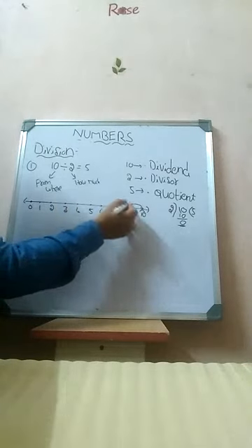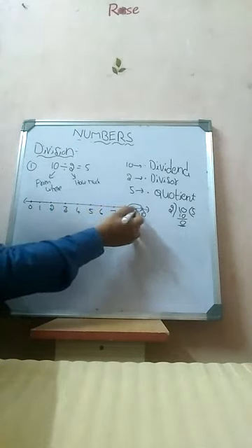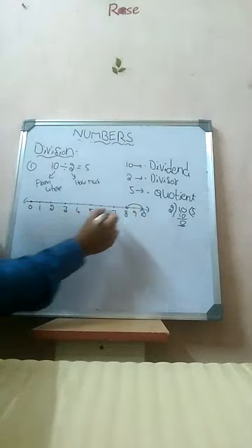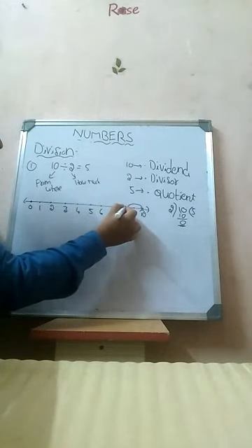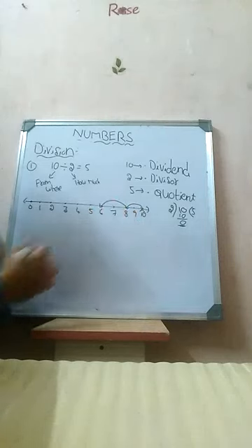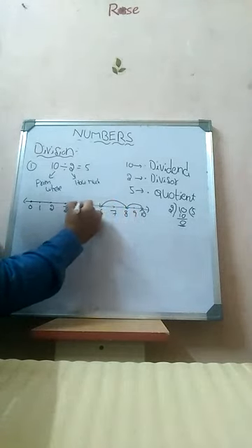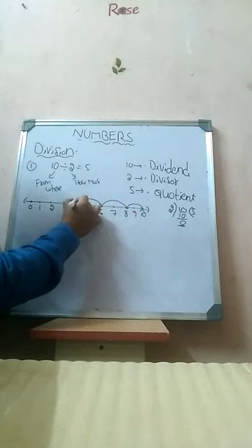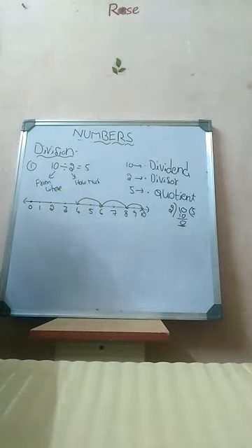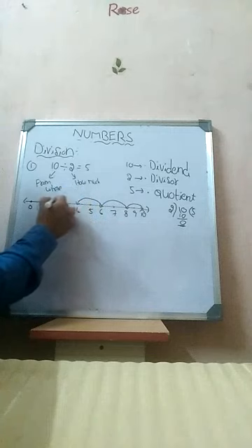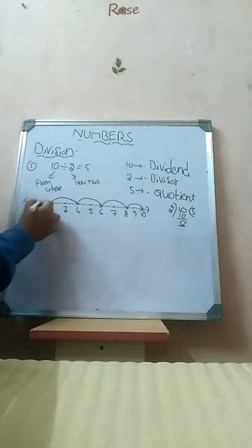Then next, one more jump. That means every jump is 2 steps. So 1, 2. So we reach 6. And one more jump, 1, 2. I told you every jump is 2 steps. And next one more jump, 1, 2. And next one more jump, 1, 2.